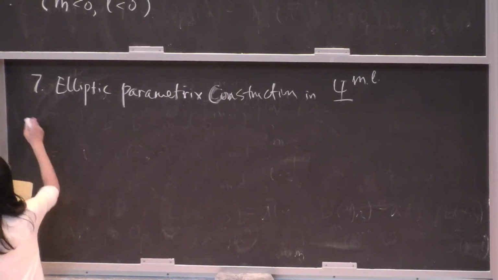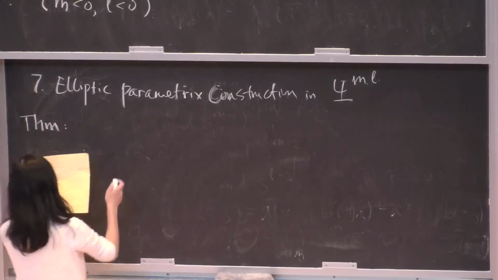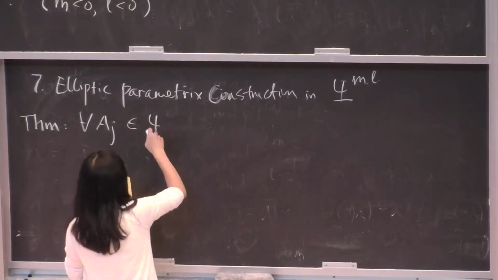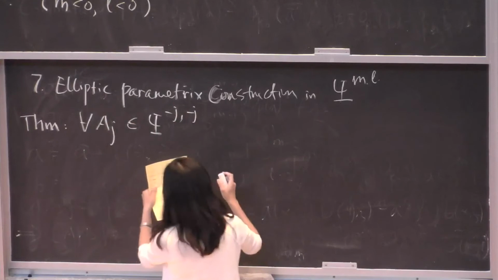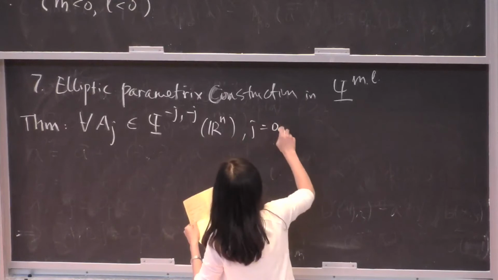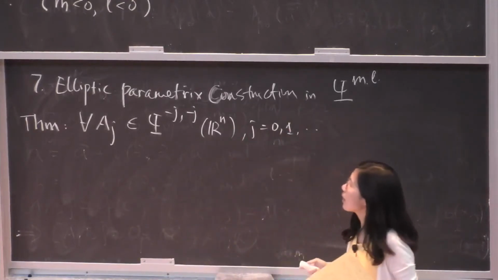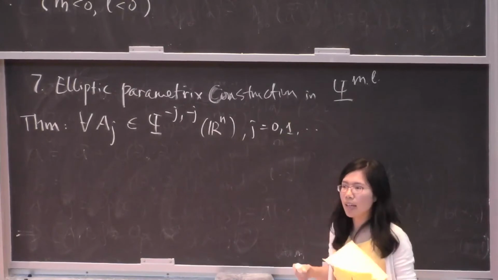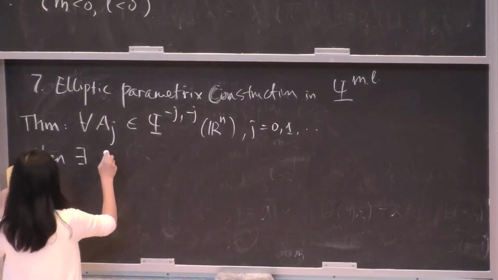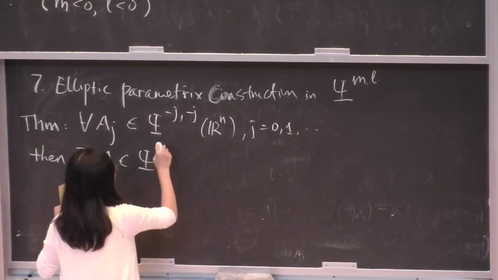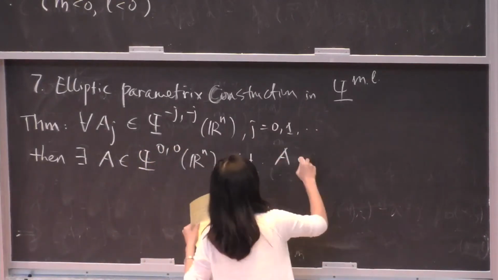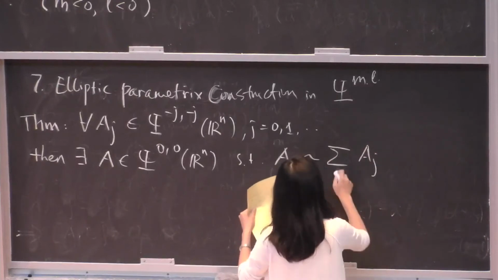We have the following theorem: for any infinite sequence of pseudo-differential operators in the following form, such that A_j, where j is from 0, 1, and so on, is in this class Ψ^{-j}, then there exists a pseudo-differential operator A in the class Ψ^{0,0}, such that A has this asymptotic expansion given by those A_j.